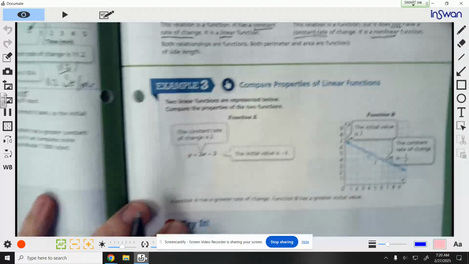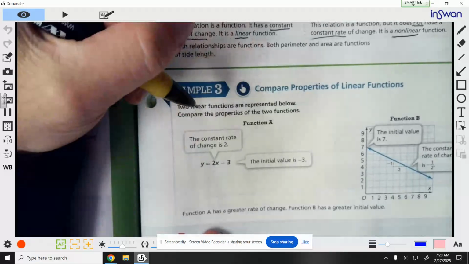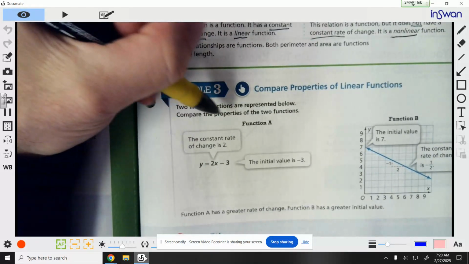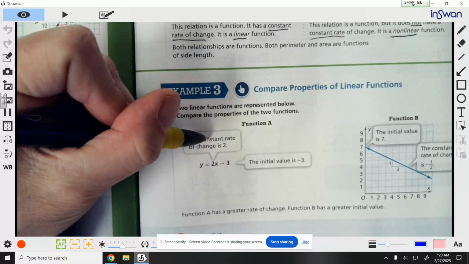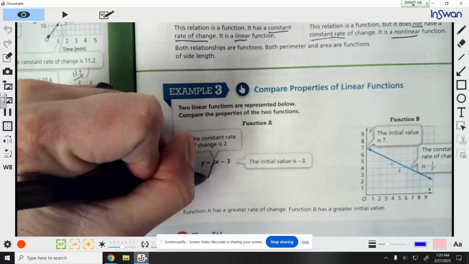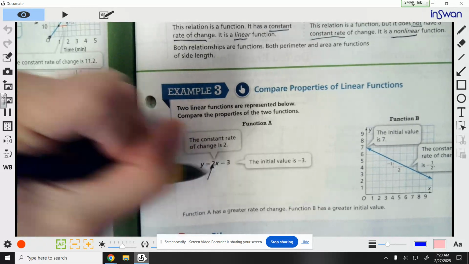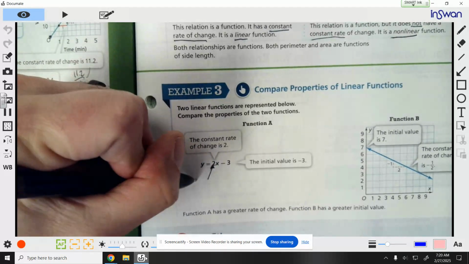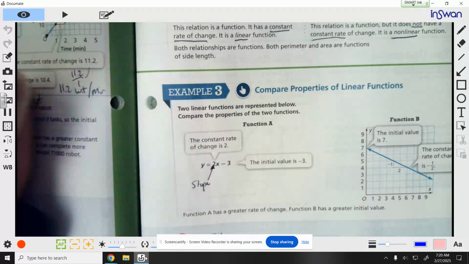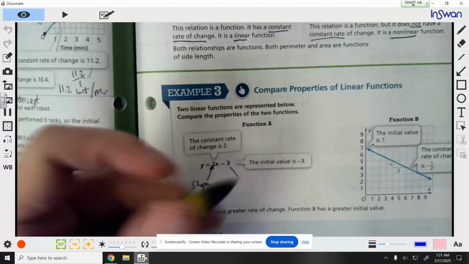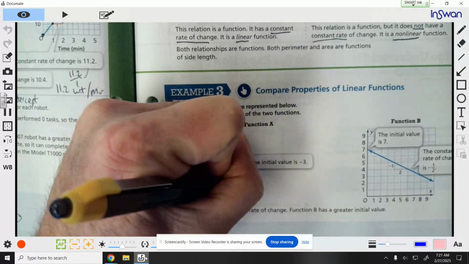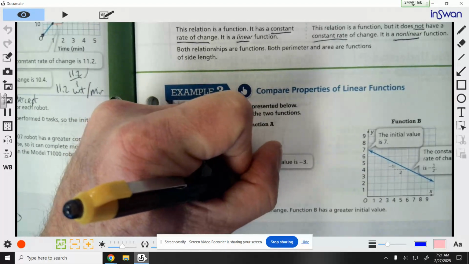Go down to example 3. It says two linear functions are represented below. Compare the properties of the two functions. So function A, the constant rate of change is 2, which we see represented there by the number in front of our x. So the constant rate of change, that's also our slope. The initial value in the back was -3, and you guys have been taught that it's also your y-intercept.